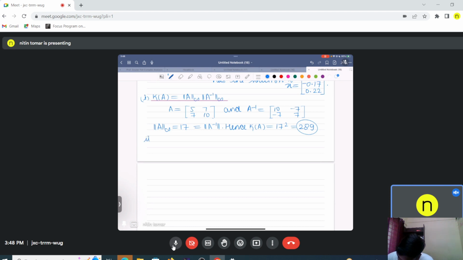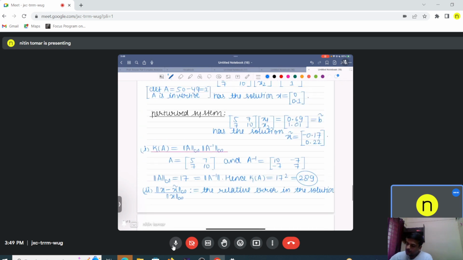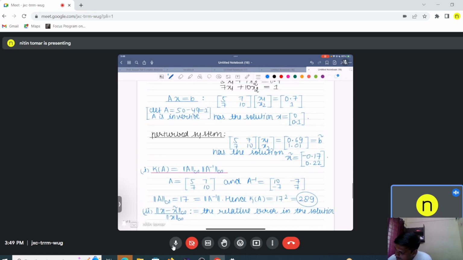Okay, so let us compute. In this example we can see actually what is the relative error. So norm of x minus x tilde we compute, because this is precisely the relative error in the solution. Now what is x minus x tilde?